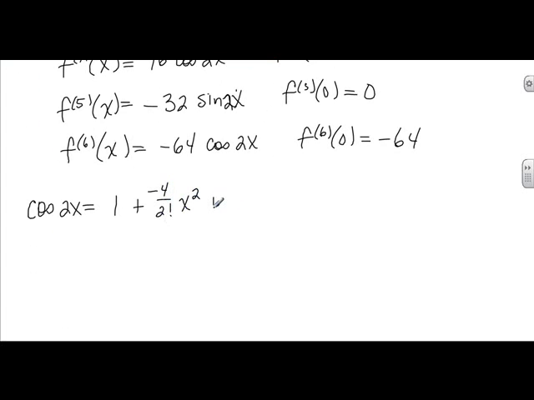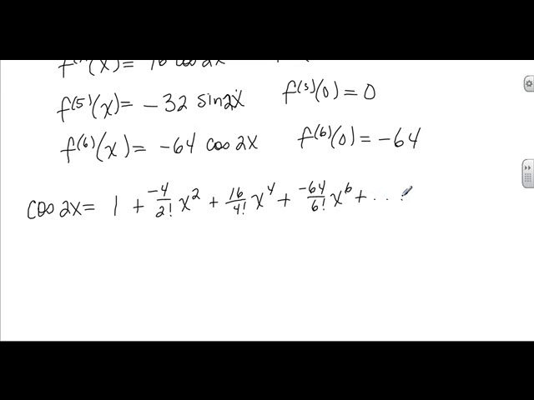And then the third derivative is 0. So we're not going to use that term. The fourth derivative evaluated at 0 is 16 over 4 factorial gets multiplied by x to the 4th power. Fifth derivative 0, and then our sixth derivative is negative 64 over 6 factorial x to the 6th power, and that's going to keep going in that same pattern.